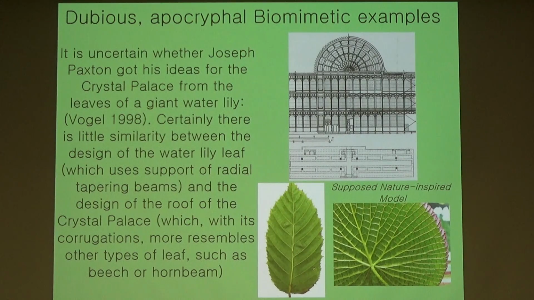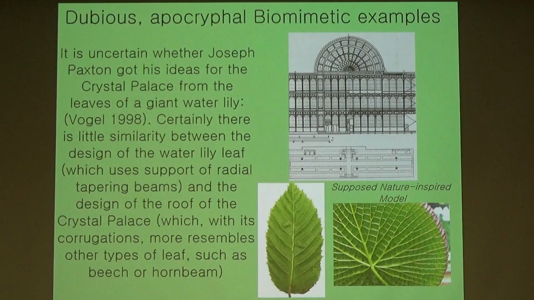There was a design of a building in the 19th century, designed by Joseph Paxton, and it was claimed that this intricate design was based on the leaf of the giant water lily. It has these wonderful arrangements of struts, and that gives it very good mechanical performance. People say he was inspired to design this building with a similar kind of structural performance based on that, which wasn't true.